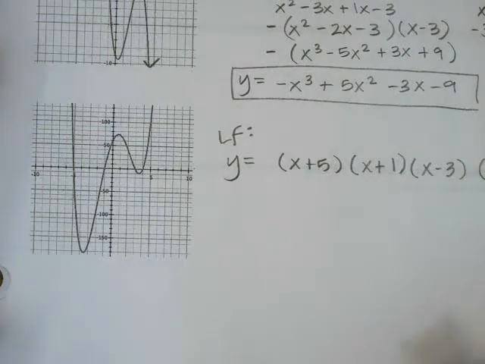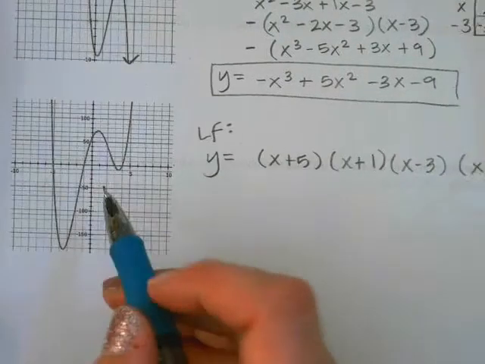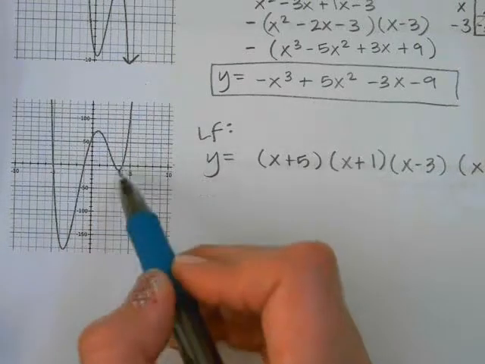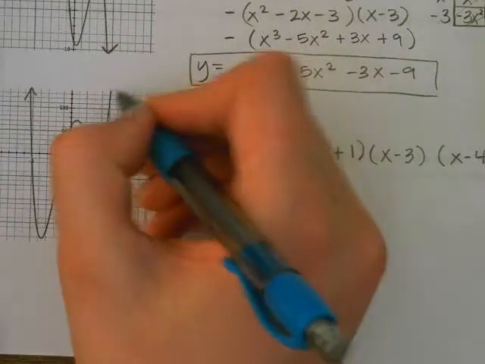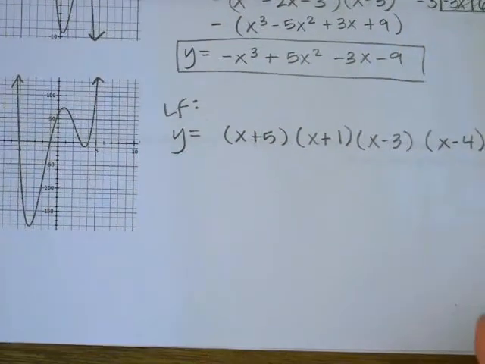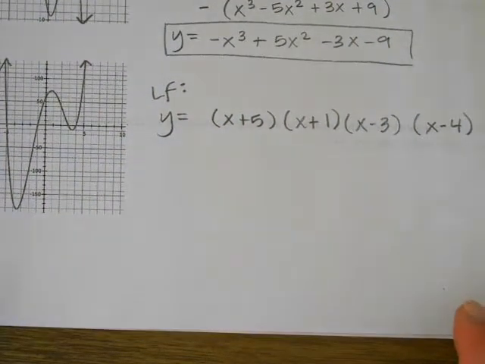Okay. And these are all multiplicity of 1, right? We can tell because it goes straight through, straight through, straight through, straight through. Both arrows go up. What does that tell us? Positive in the front.